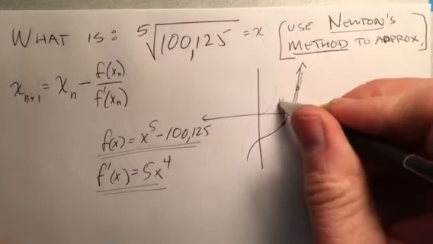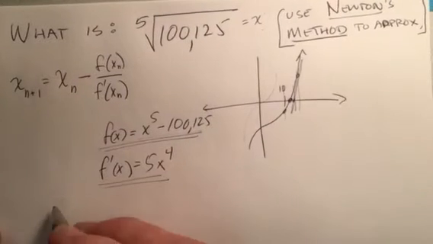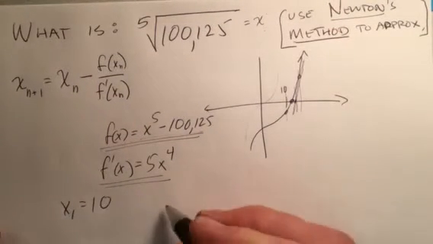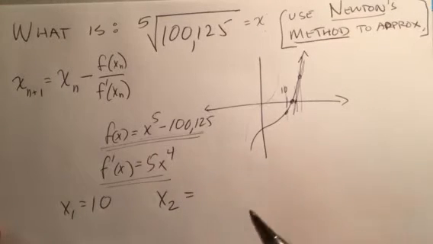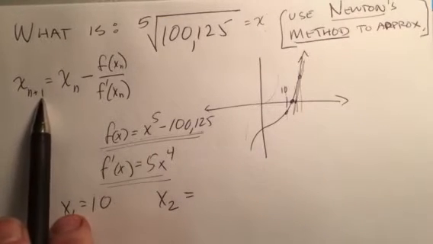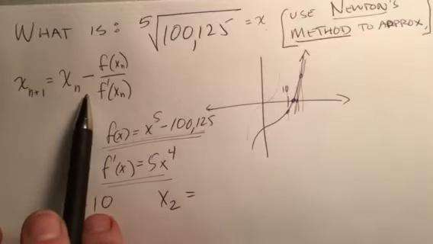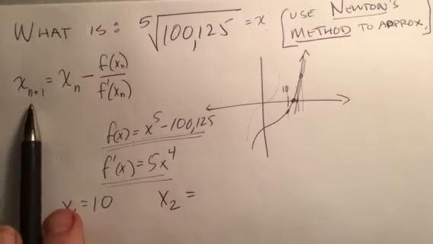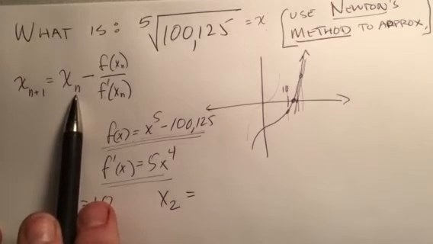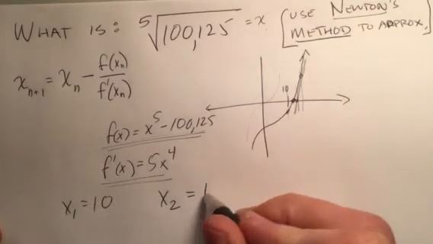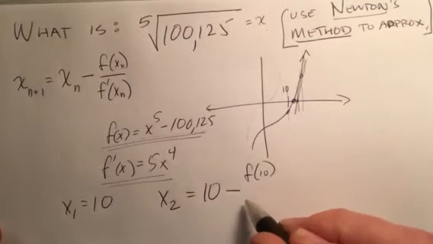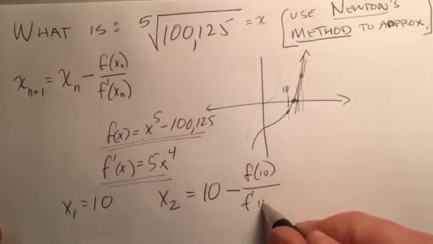So x sub 1, my first guess, is 10, and x sub 2 goes back to x sub 1. It's going to be 10 minus f of 10 over f prime of 10.